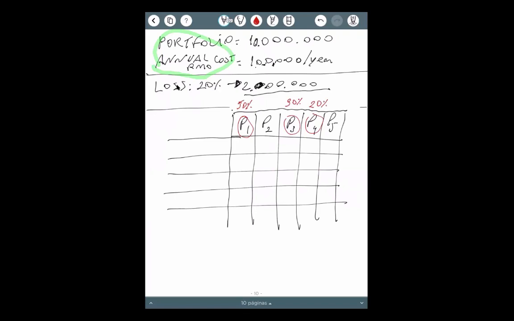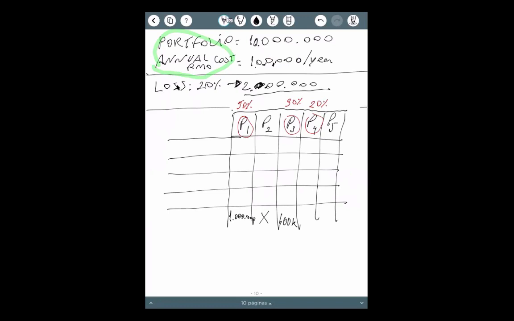All right. So it means that this problem may cause around 1 million of losses, right? Because 50% of 2 million is 1 million. We don't have any loss here. 30% means 600, okay? 600.